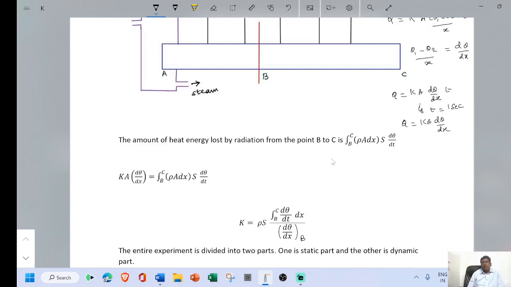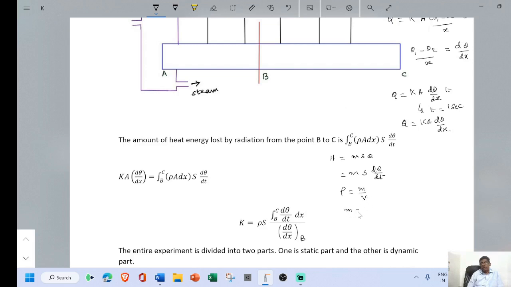We know that heat capacity H equals msθ. Here m is the mass, s the specific heat, then the rate of change of temperature is dθ/dt. We do not know the mass of the rod. We may estimate the mass using the formula density equals mass by volume.